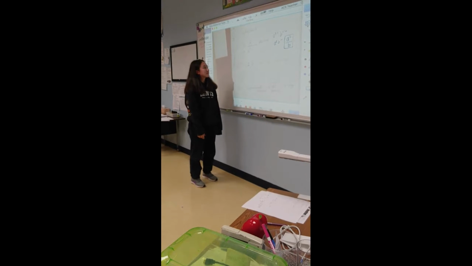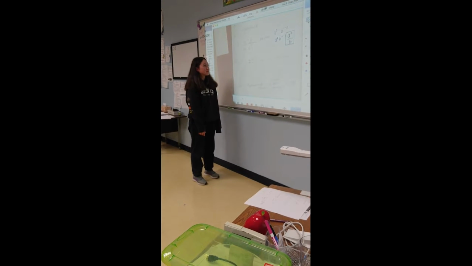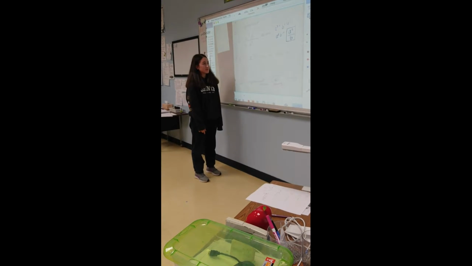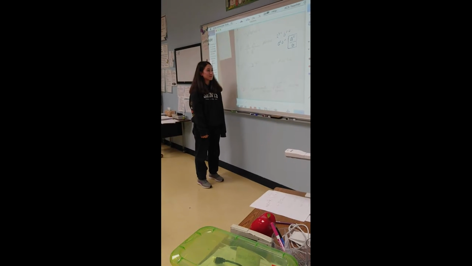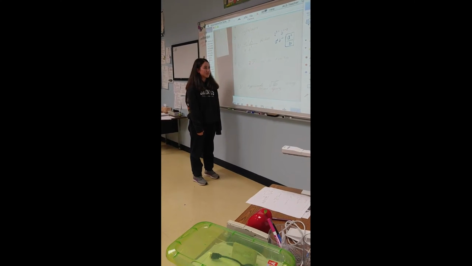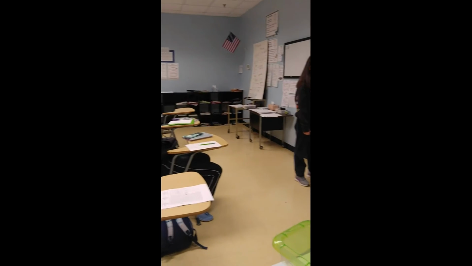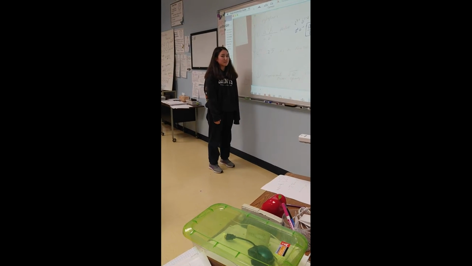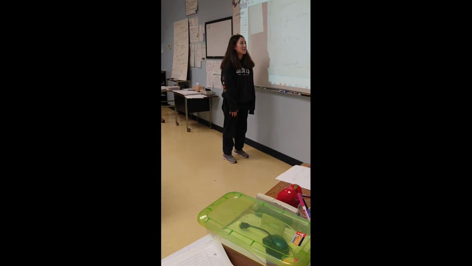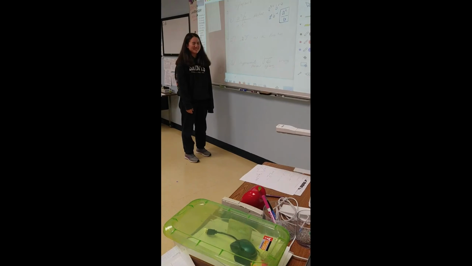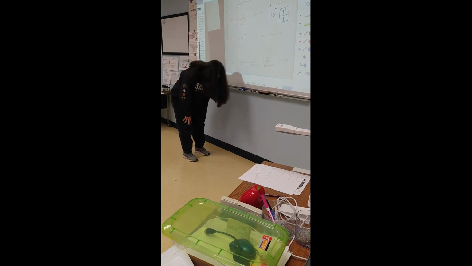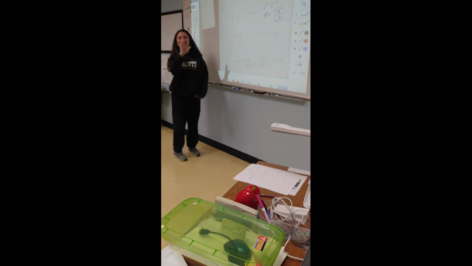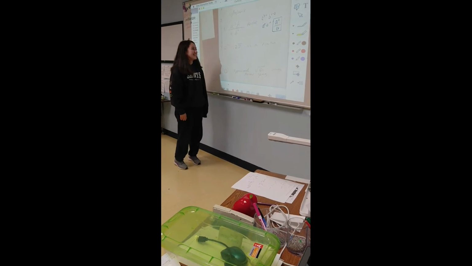So A to the 3 minus 1, B to the 1 minus 2. And she correctly solved it, A squared B minus 1. That is not the answer in final form. Whenever you have a negative exponent, what do you do? Flip it and make it a fraction. Her correct answer is A squared over B.